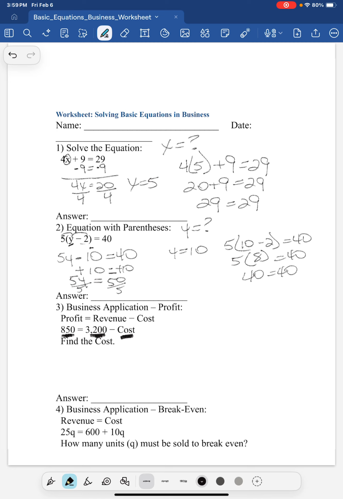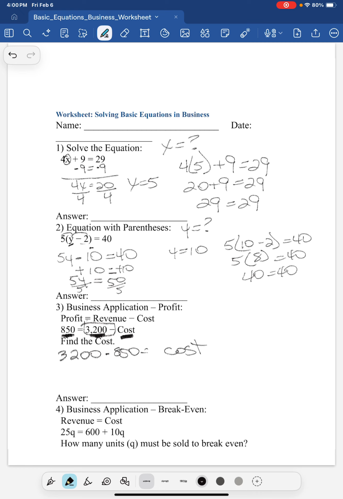So what you're going to do here is just move this part over, all of this. So you're going to end up with 3,200 minus 850 equals the cost of your product. Because if 850 was your profit and you brought in $3,200, the number missing there is how much you spent making the $850.